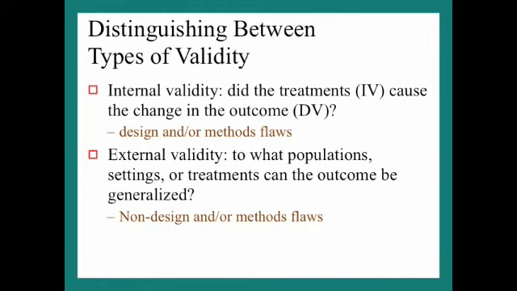So internal validity: did the treatments or the independent variable really cause the change in the outcomes, which is the dependent variable? Any problems with internal validity have to do with design and/or method flaws.